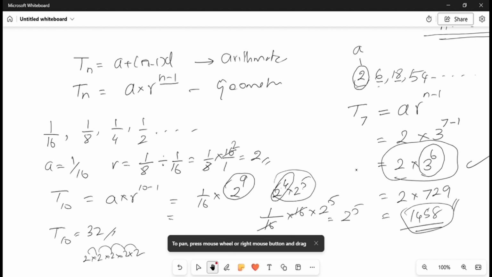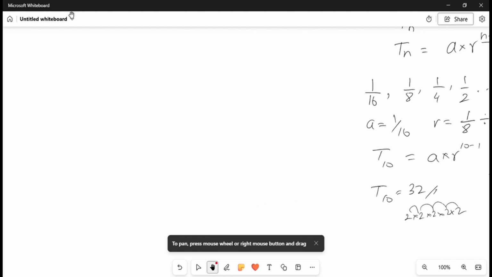Now let's see. In a particular geometric progression, without giving the number pattern, without giving A or the common ratio or the first term, they will give some terms in between. For example, look at this. 1 over 81 multiply by 3, 1 over 27 multiply by 3, 1 over 9 multiply by 3, 1 over 3 multiply by 3, 1, 3, 9.